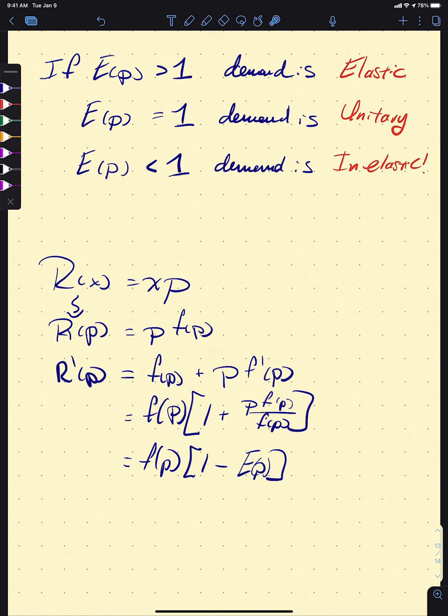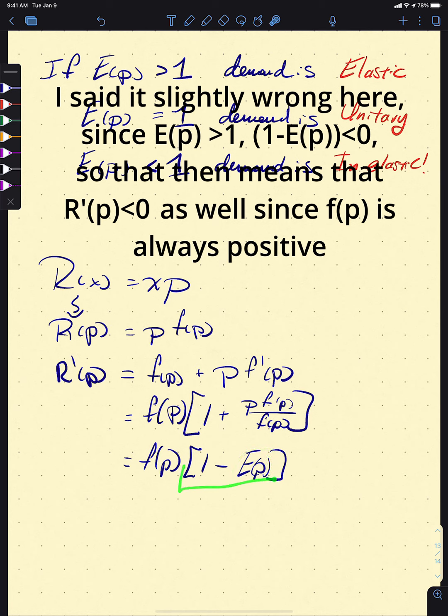Now, suppose that demand is elastic at our given setup. Then E of P is greater than 1, so 1 minus E of P is less than 0.